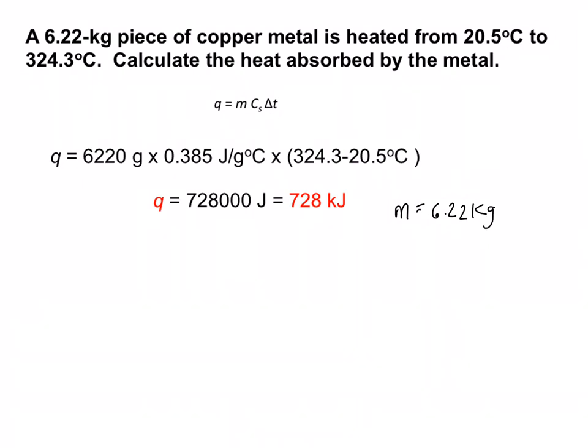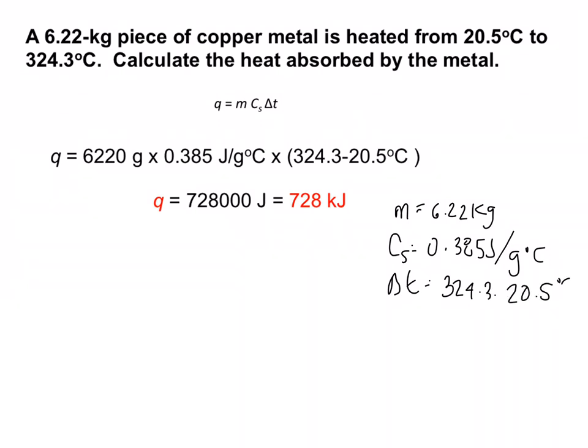Our specific heat capacity for copper, if we look it up on the table, is 0.385 joules per gram degree Celsius, and our delta T is equal to 324.3 minus 20.5 degrees C.